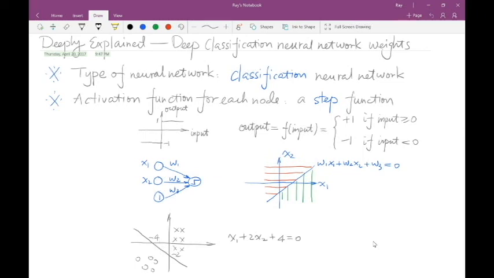As you can see, if you know the arrangement of data points in a space, you can draw a line to separate them, and when the line is drawn, its function is determined. Namely, the weights w1, w2, and w3 are determined. If we use positive 1 to represent the class indicated by cross, and negative 1 to represent the class indicated by circle, then the neural network for classifying this set of data is built.